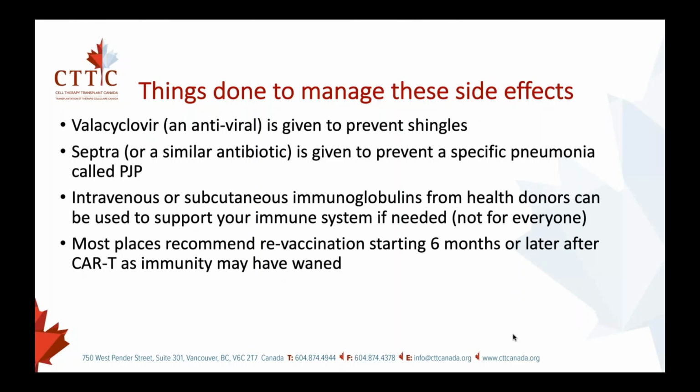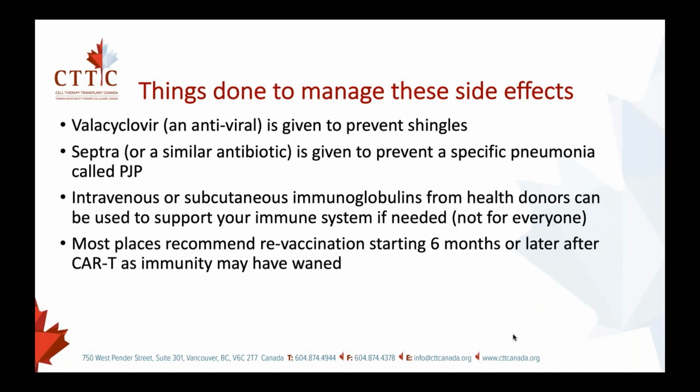So what are some things to manage these side effects in terms of the immune system? I kind of already mentioned what can be done about the low blood counts, but for the immune system, often patients will leave on an antiviral pill like valganciclovir, which is given to prevent shingles, Septra or a similar antibiotic given to prevent a specific pneumonia that can affect people who are immunocompromised, something called PJP.